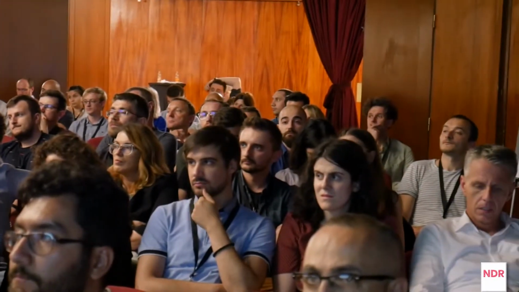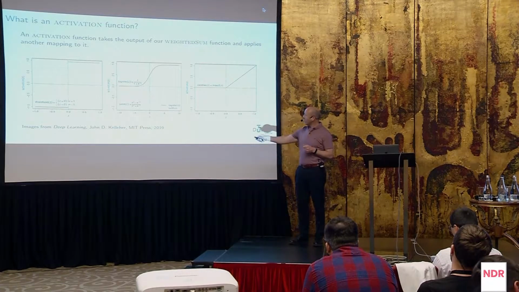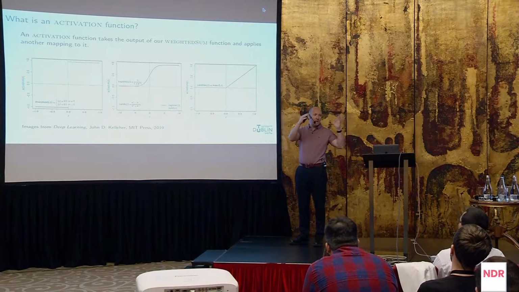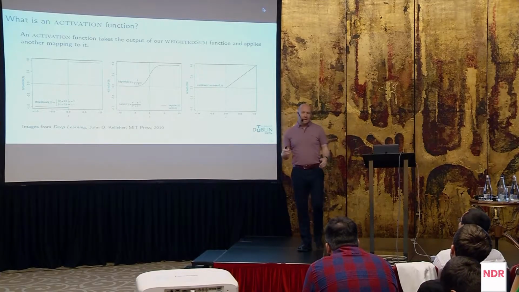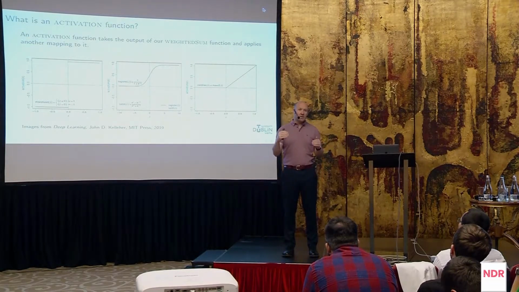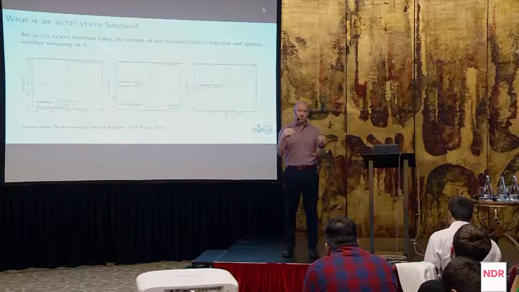So a rectified linear function, this is an activation function. They all do, by the way, all of these things do the same thing. They're just taking our weighted sum value and changing it in some way, in a nonlinear manner. The nice thing about a rectified linear function is it's as close as we can get to linear, which means that it's relatively easy to learn a linear function, okay?